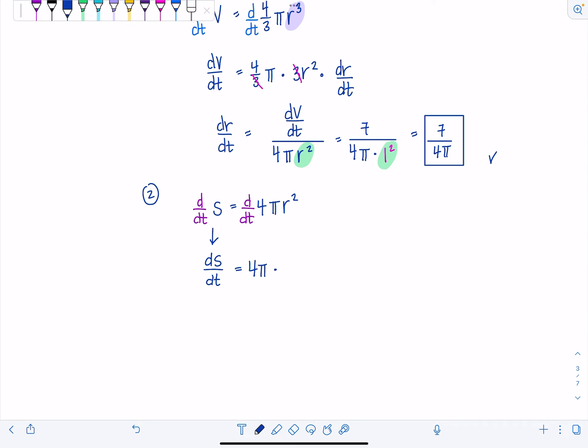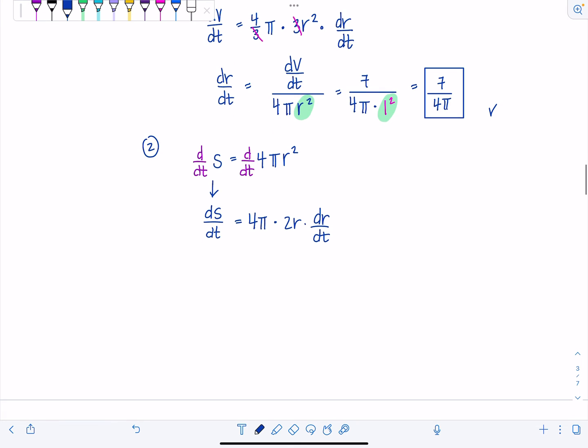Derivative of r squared is 2r dr/dt. Okay. And now I can just go ahead, substitute in everything that we have. So 4 pi times 2 times r is 1, and dr/dt is 7 over 4 pi. Oh, well, the 4 pi's cancel. How lovely. And all I'm left with is 2 times 7.